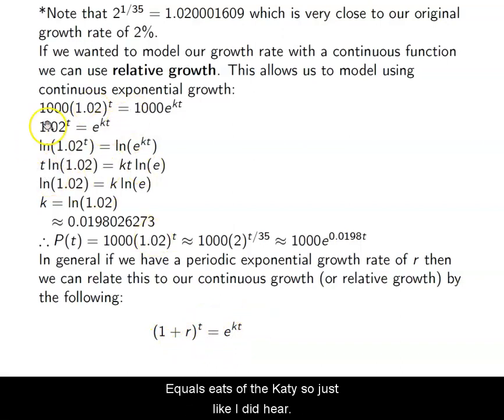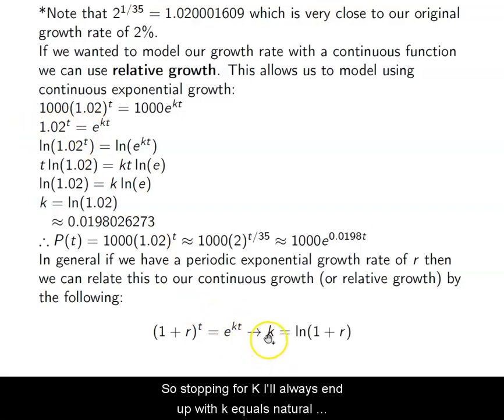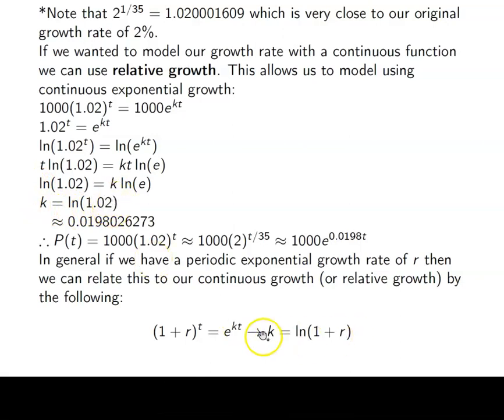Just like I did here, and then solving for k, I'll always end up with k equals natural log of 1 plus r, which I did. k was natural log of 1 plus my growth rate of 2%. So that's how I relate my continuous relative growth to my periodic growth, right? This one was hourly, this is continuous. So that's how you can find out and rewrite it with the base of e.